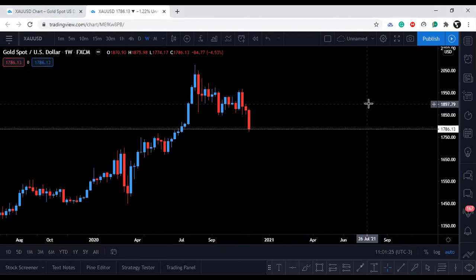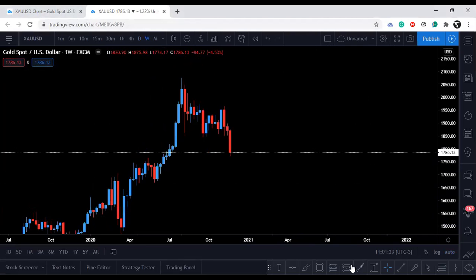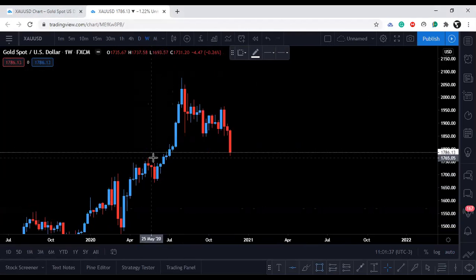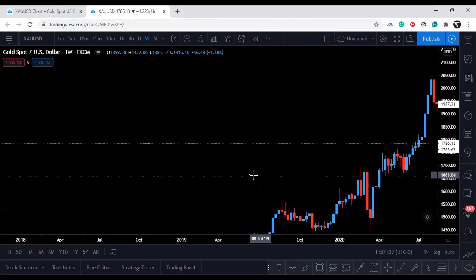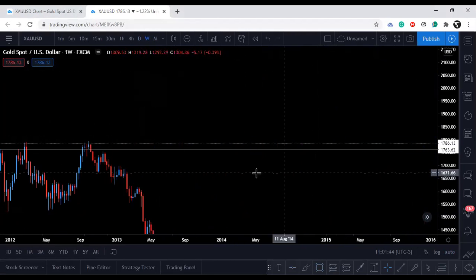Yes. So we are going to analyze gold for the next week. Gold is heading towards, almost testing this level, 1763. This is a previous level as well.